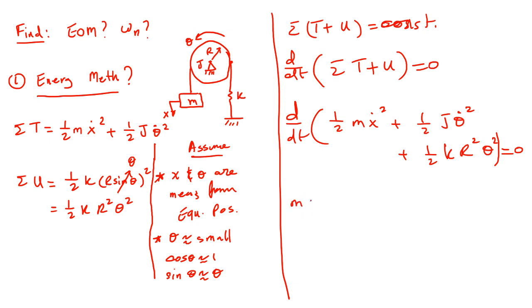It's going to be m x dot x double dot plus J theta dot theta double dot plus k r squared theta theta dot equal to 0.